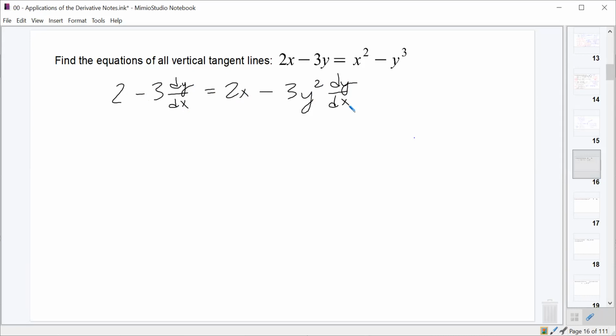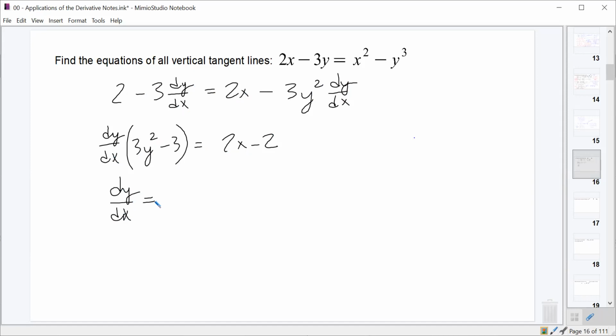We'll solve for dy dx, and you can bring them to whichever side you want. I'll subtract the 2 over to here, so I have 2x minus 2. And on this side, I will have dy dx factored out of a positive 3y squared when I bring that over, minus the 3, giving us dy dx is 2x minus 2 over 3y squared minus 3.